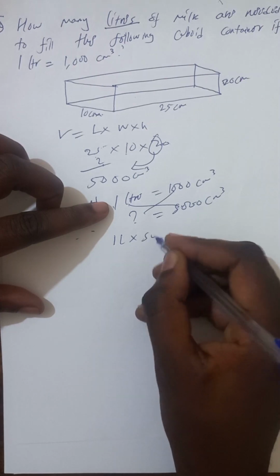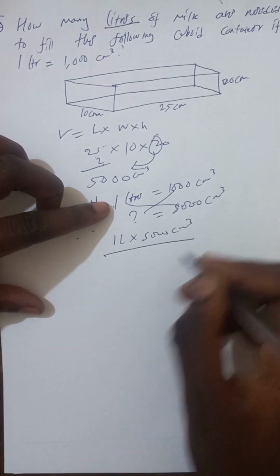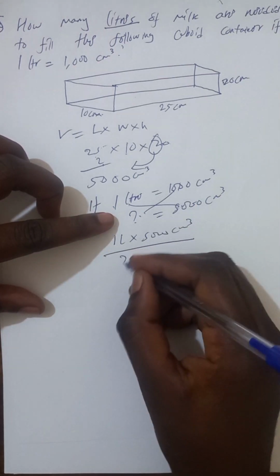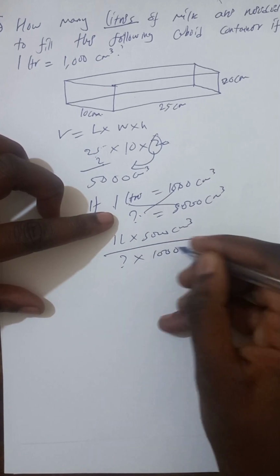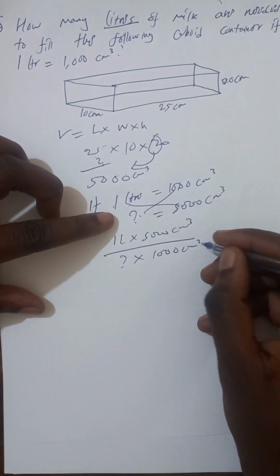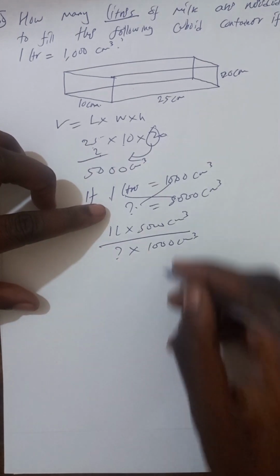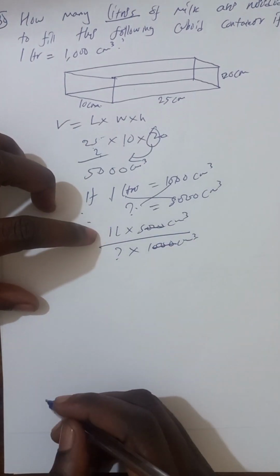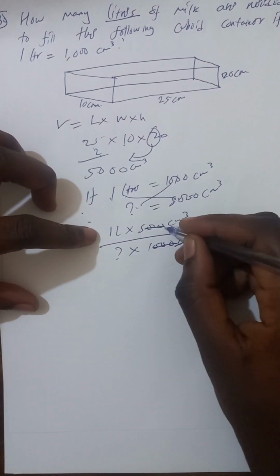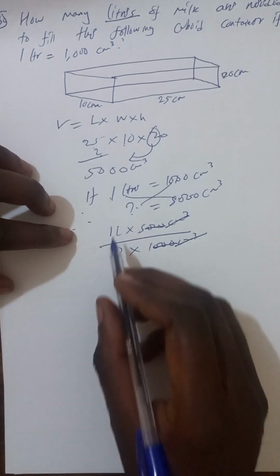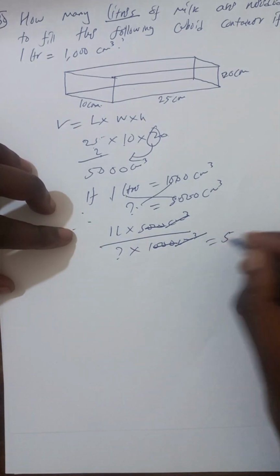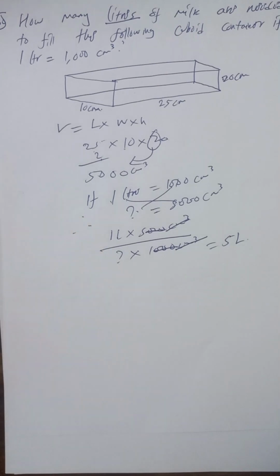So 1 liter times 5,000 cubic centimeters. Number question mark down times question mark over 1,000 cubic centimeters. The zeros will cancel. The cube and centimeter cancel. So you remain with the liter. So it is 5 liters. As simple as that. Let's proceed on.